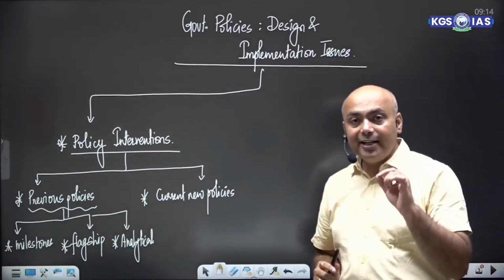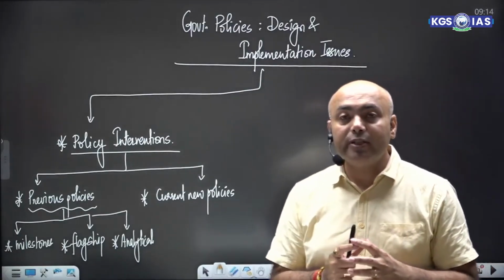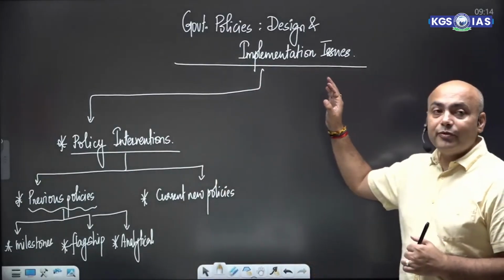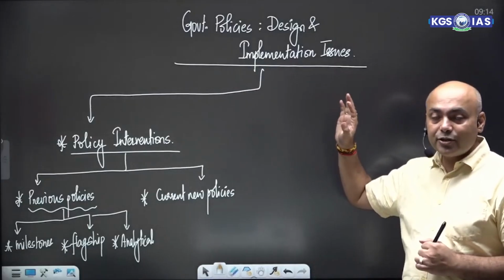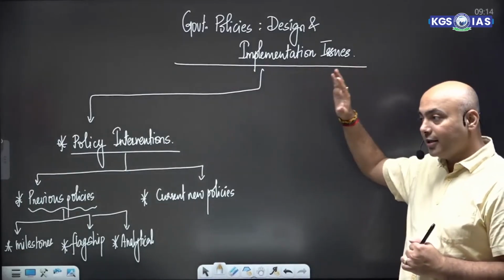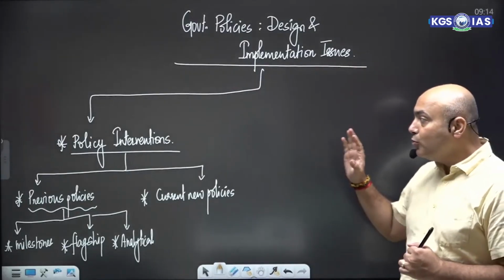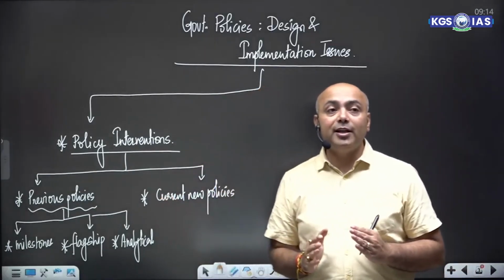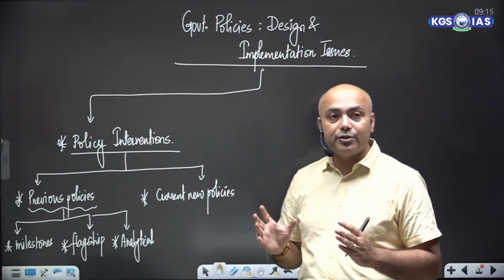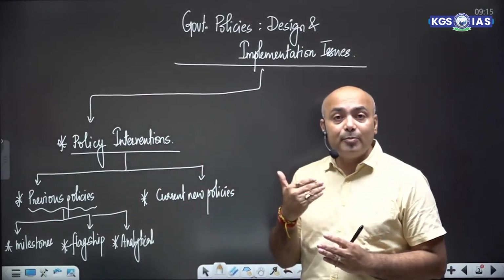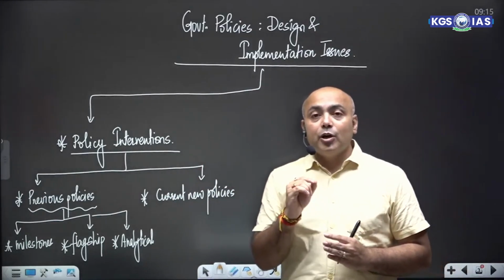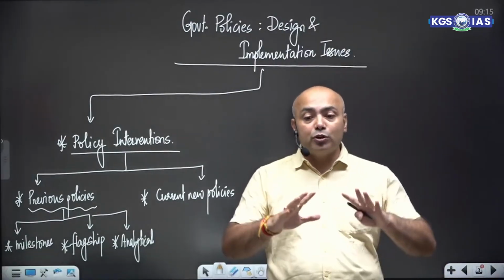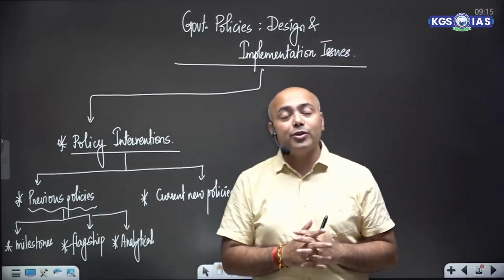Okay, I am summarizing my discussion related to this. First of all, as I have mentioned, whenever we talk about policy design and implementation issues, you have to look at it from this perspective: there can be questions related to specific policy interventions, which policies have been taken up by the government, and in that also there can be two types of questions or two dimensions that the question could cover.